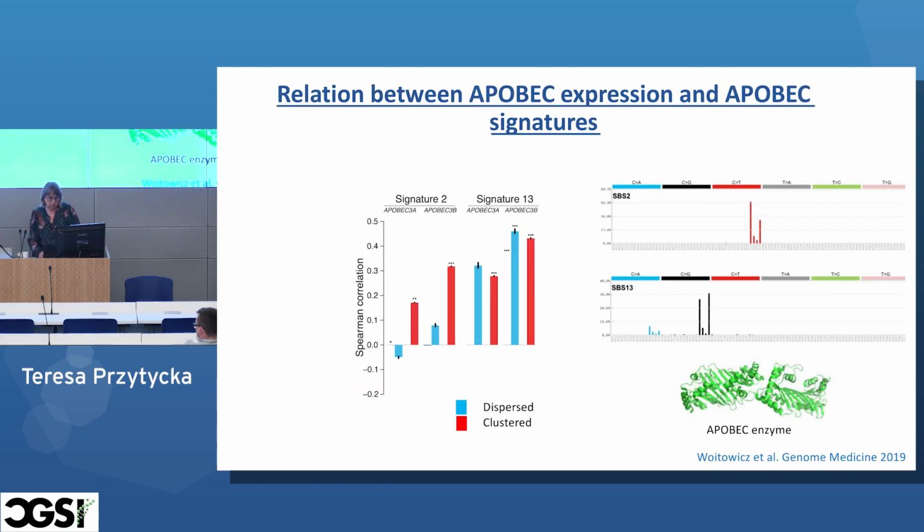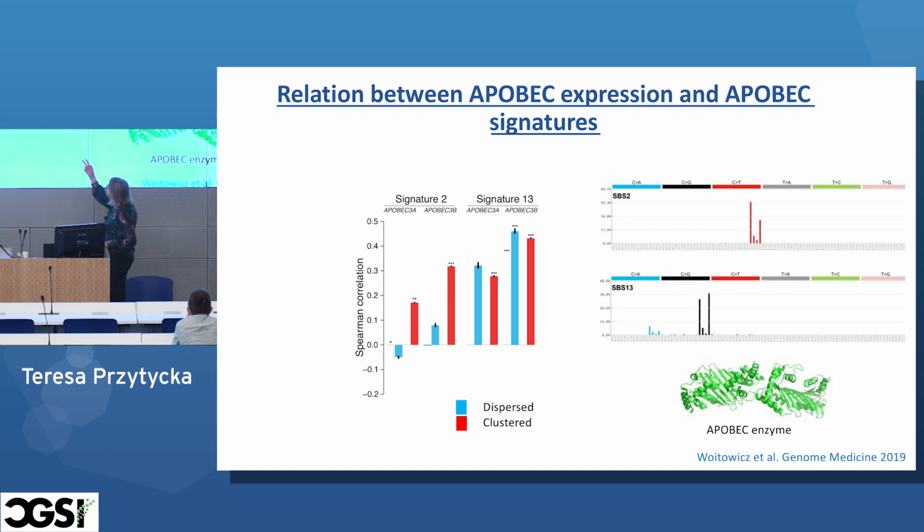One thing we notice is that signatures 2 and 13 are two ApoBec signatures, known to be caused by this specific enzyme. There are two different signatures because the damage is the same, but it is repaired in different ways, leading to almost the same pattern, but repaired differently.